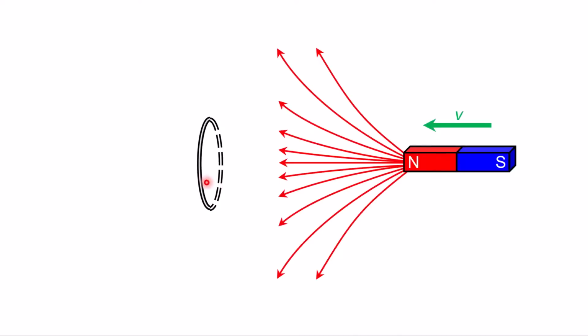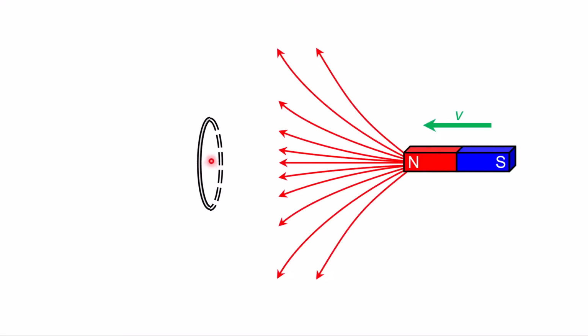But there's still one more question. What about the direction of the induced EMF? Okay, let's talk about the scenario when the magnet is moving towards the coil. What does the coil experience? It experiences an increasing leftward flux. The coil can have an induced EMF in two directions, either this way or this way. So which one does the coil do? Now remember, the change is an increasing leftward flux. If the induced EMF results in an induced current that produces flux that's also leftward, then that's not opposing the change, right?